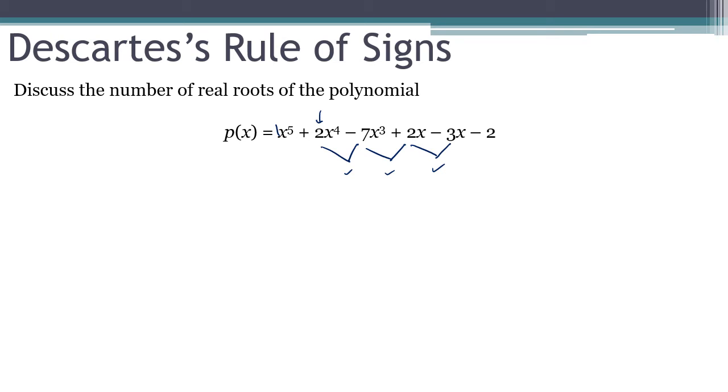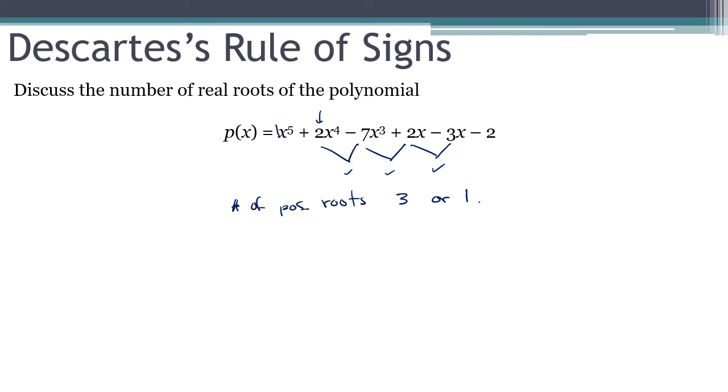So what Descartes' rule of signs says is the number of positive roots is either 3 or, and this is the subtract multiples of 2 part, I'm going to keep subtracting 2 from this number until it becomes negative, because obviously there can't be a negative number of roots. So 3 minus 2 is 1. That's also a possibility. 1 minus 2 is negative 1. Can't have a negative number of roots. That's where I'm going to stop.